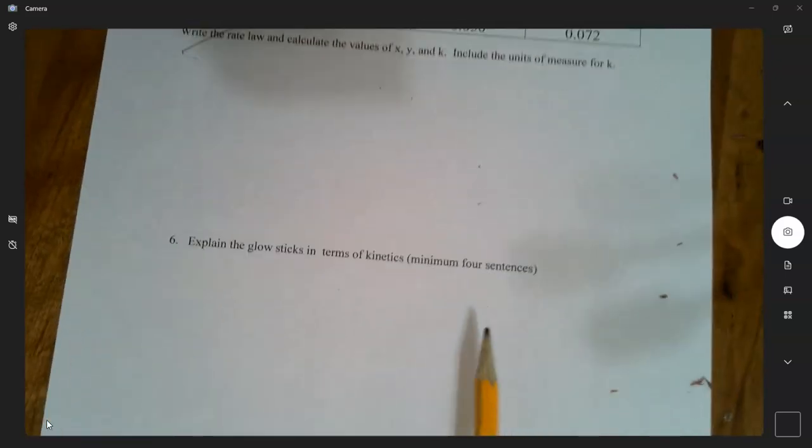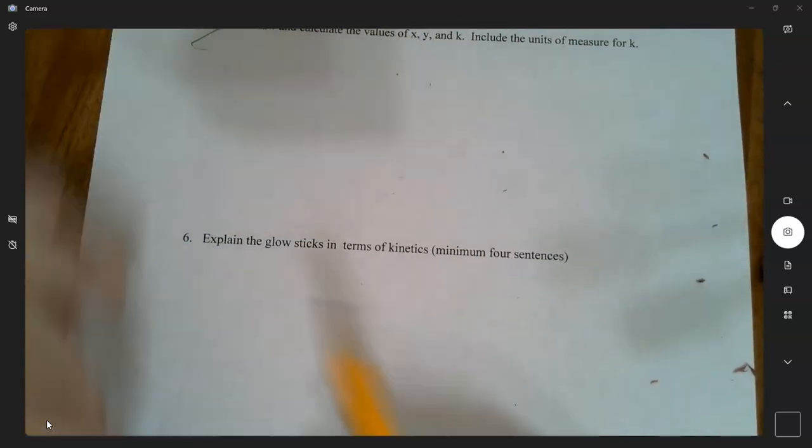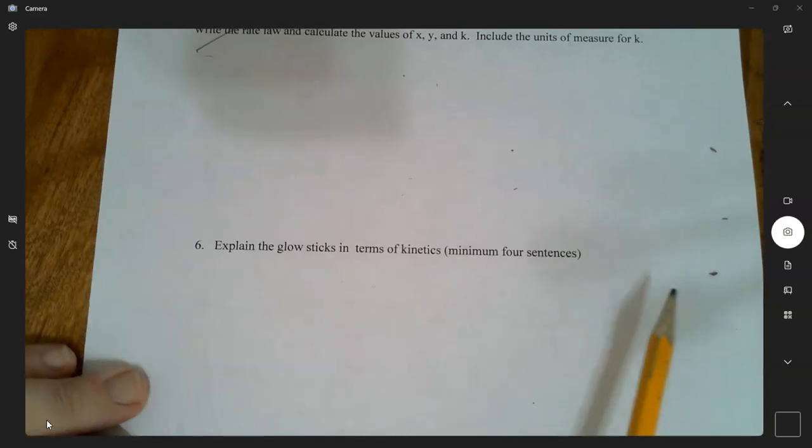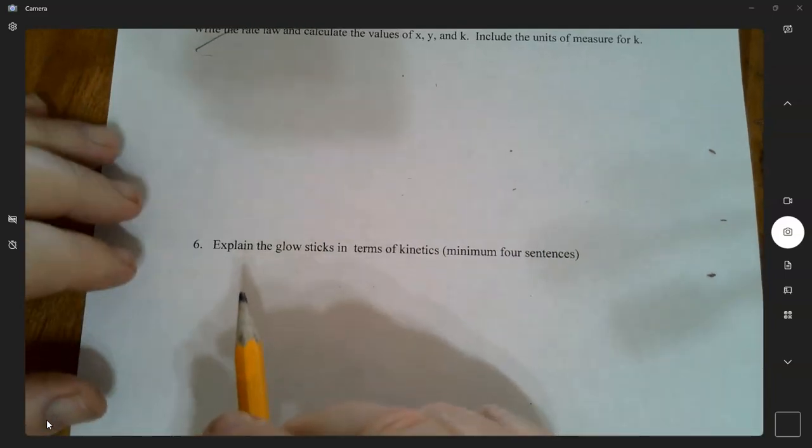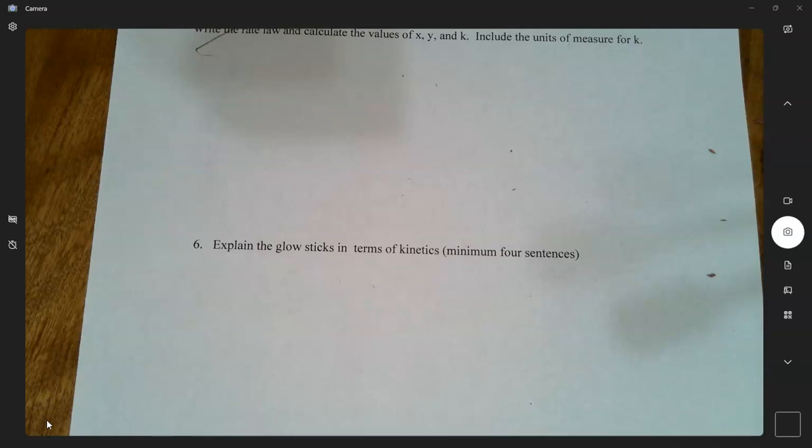Okay, let's explain the glow sticks in terms of kinetics, minimum of 4 sentences, okay? All right, so I'm going to say it. So as the glow sticks moved from colder to warmer water, they became brighter.